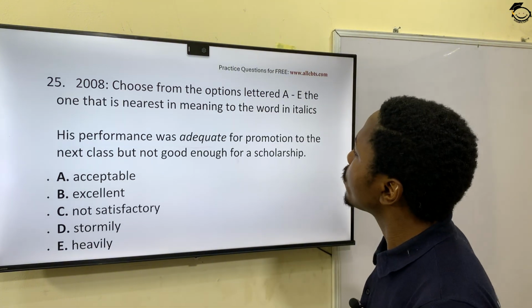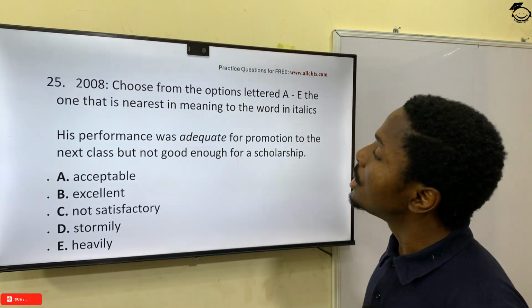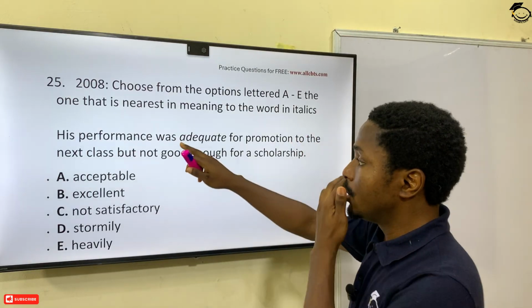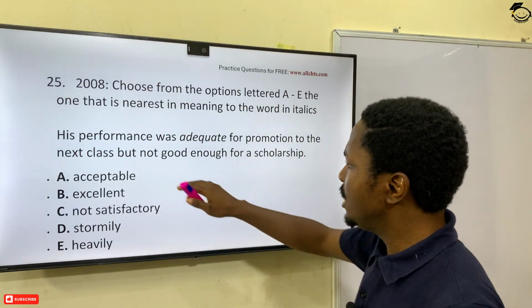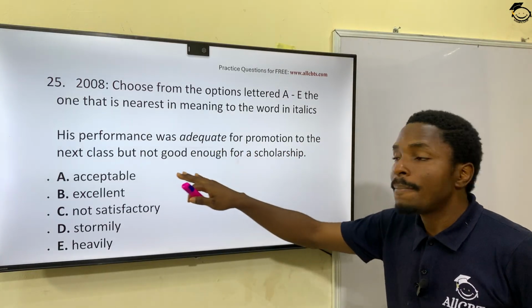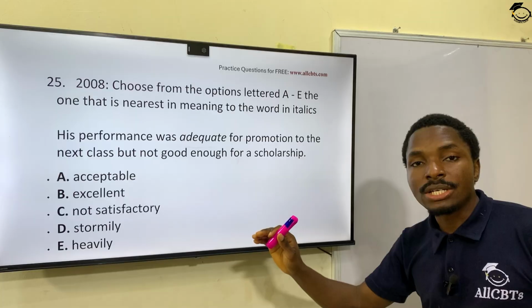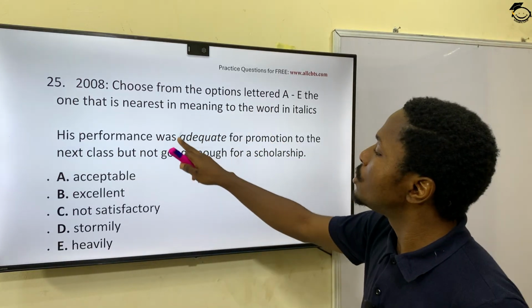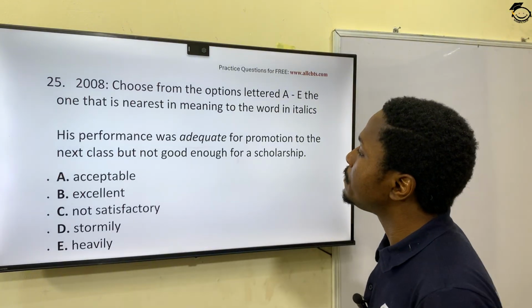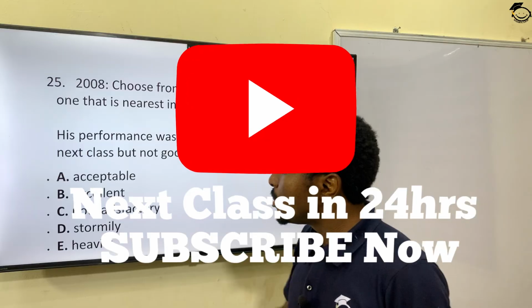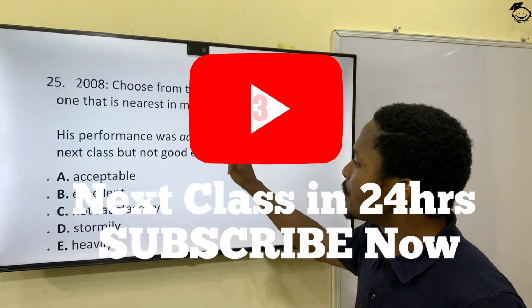25. Choose from the options that are A to E the one that is nearest to the word in italics. Where is the word? This is the word. His performance was adequate for promotion to the next class, but not good enough for a scholarship. So we are choosing the one that is nearest in meaning to adequate. Another word for adequate from this. Acceptable, excellent, not satisfactory, it's not adequate.